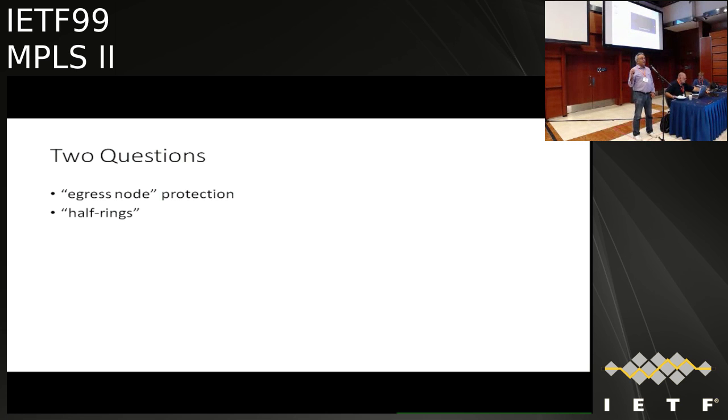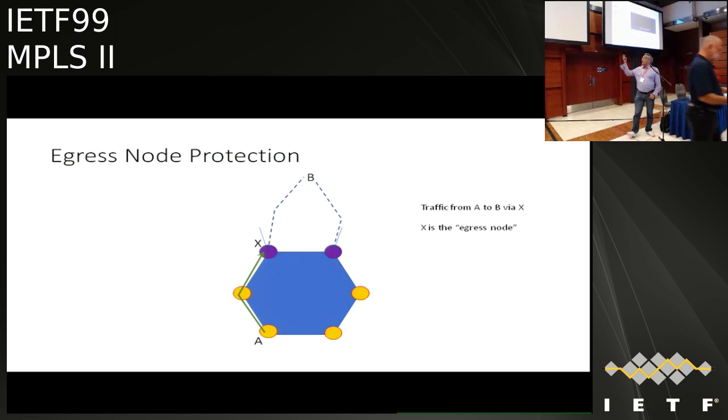But in RMR, one of the things is we want to make things very simple to configure. So the question is not just how to do it, because we have lots of techniques, but how to do it in a way that's very easy to configure. So the problem is illustrated here. You have a ring, that's the thing in blue.